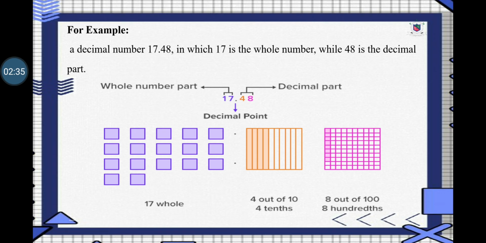As you can see, the pictorial view of the example. So 17 is the whole and it is showing the whole parts. The point that separates the decimal part and the whole part is called the decimal point.